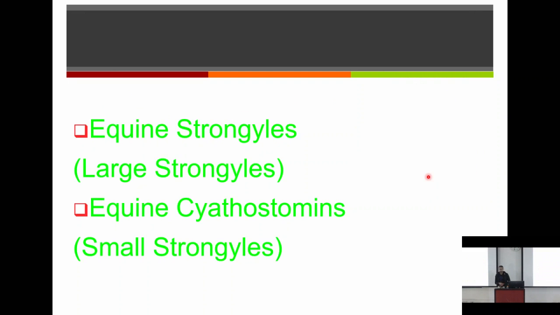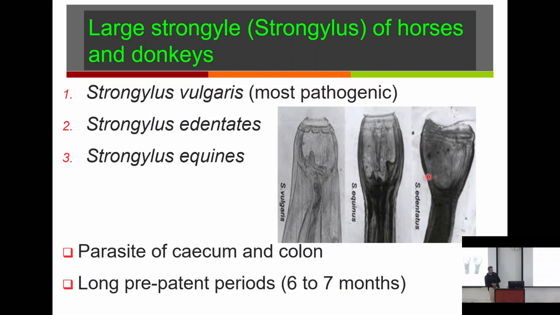So, as I said, we will cover the equine Strongyles: the large Strongyles, and the equine Cyathostomum, the small Strongyles. So, large Strongyles are the most important parasites of horses and donkeys.